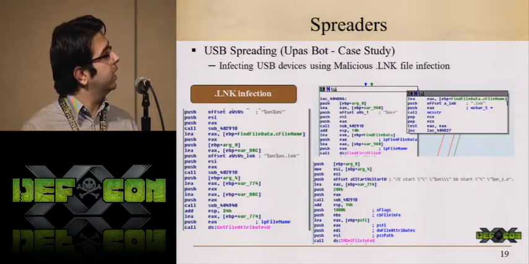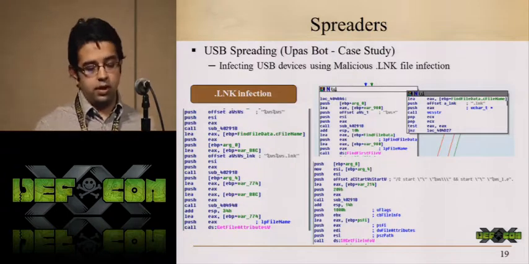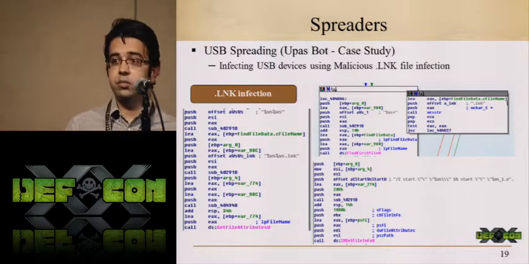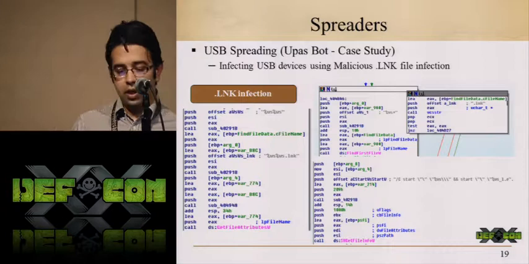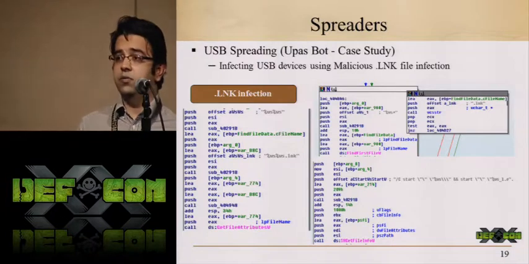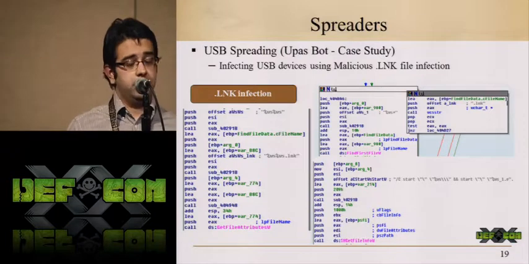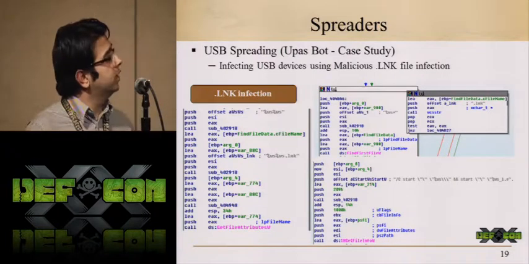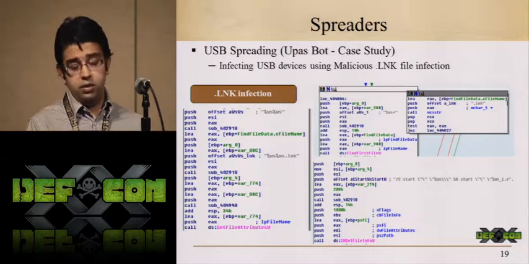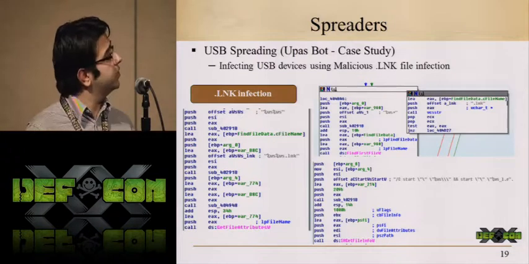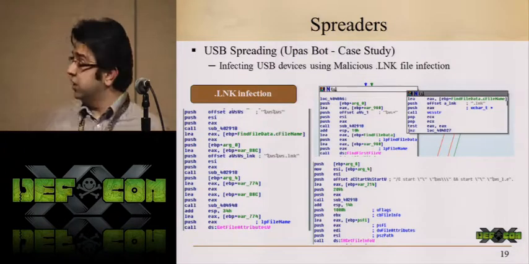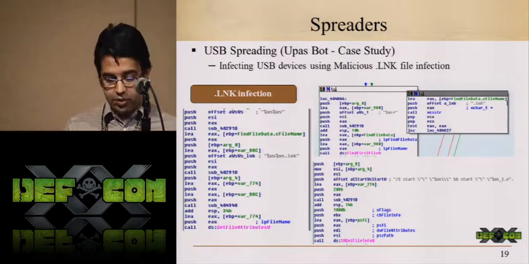Another way of doing this, apart from autorun, is a technique we call malicious .lnk file infection. Typically, about a year back, the Microsoft .lnk vulnerability was exploited the most for exploitation at the system level. It's simply a sort of shortcut, and the bot can also create a shortcut. The disassembly gives you an idea how it does that.